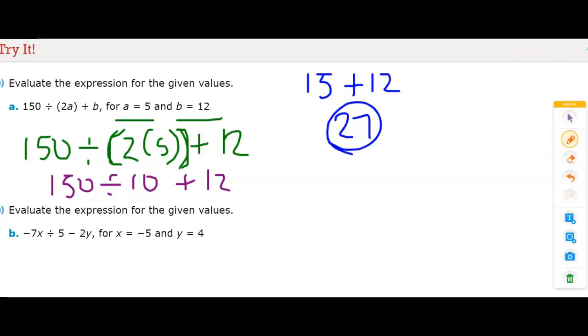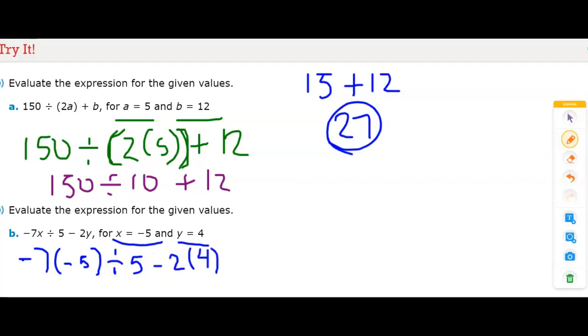So -7x divided by 5 minus 2y. X is equal to -5. Y is 4. So we're going to substitute our variables. So we have -7 times -5 divided by 5 minus 2 times 4.